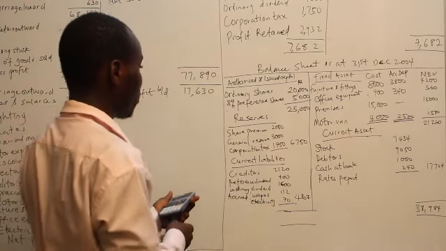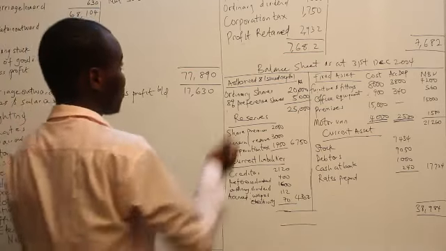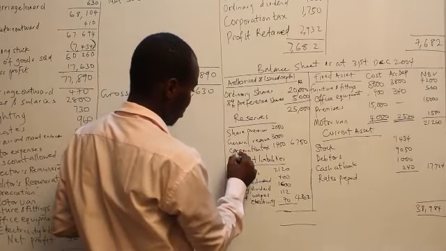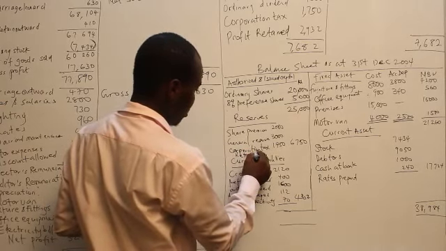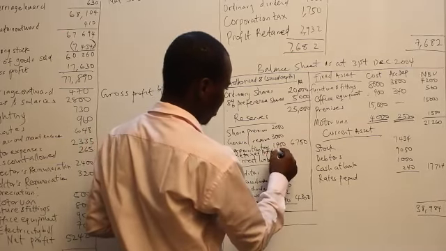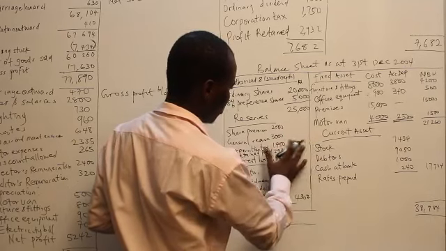Oh, retained profit. What kind of error is this? Retained profit is part of the reserves. I'm looking at this, 2932. Come on, what kind of error is that?